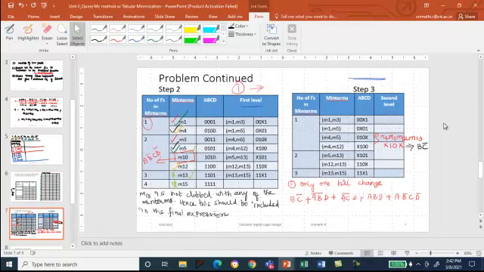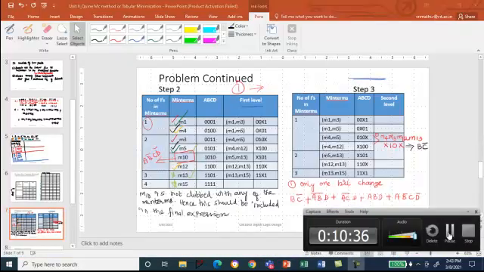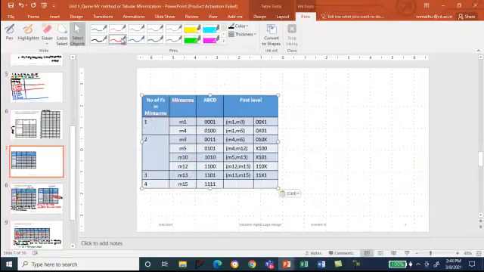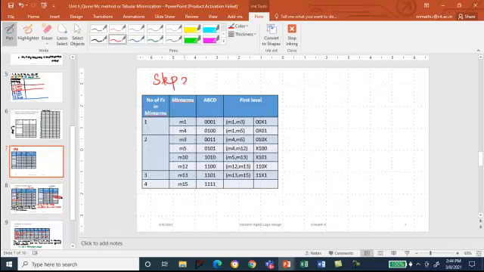And what about the next one? The first combination has been done. So now for the second combination, let me come back again. In step 2, combine the two minterms that are available in the immediate next row.